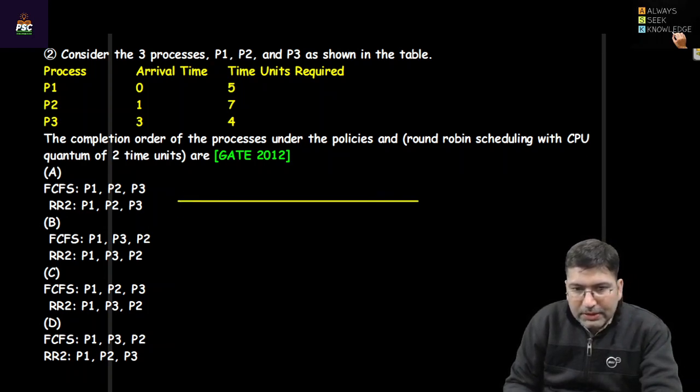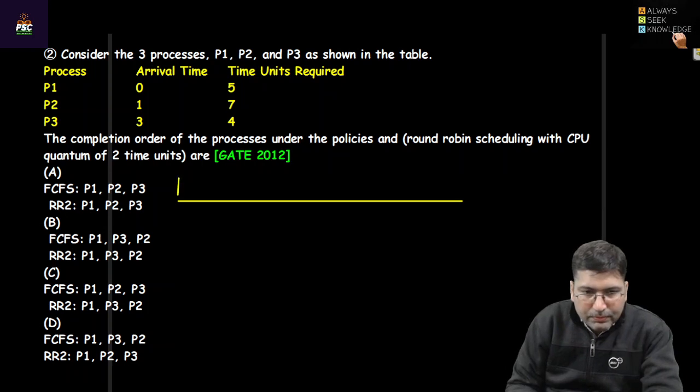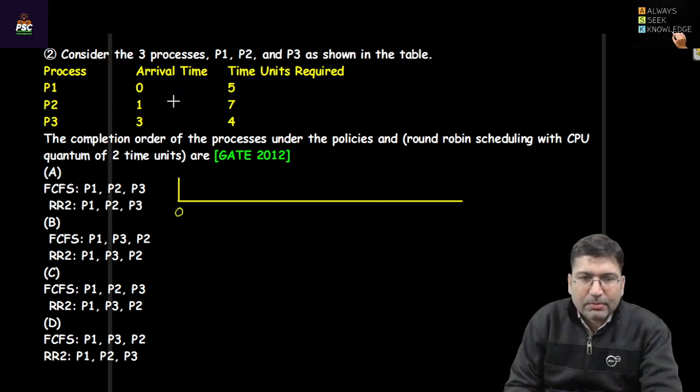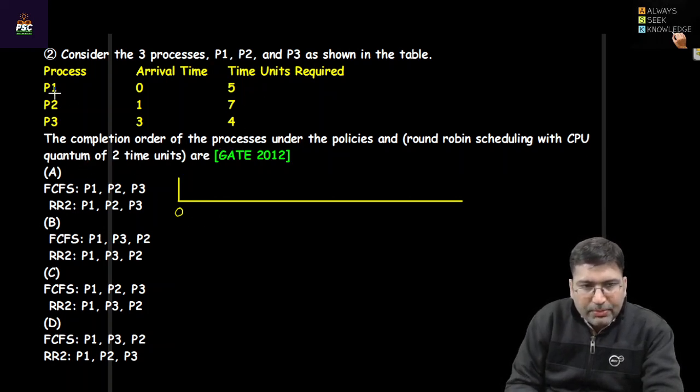Right, so what is given? There are three processes: arrival time is given and the required unit in terms of CPU cycle is also given, right? So at time t0 only P1 will be scheduled.